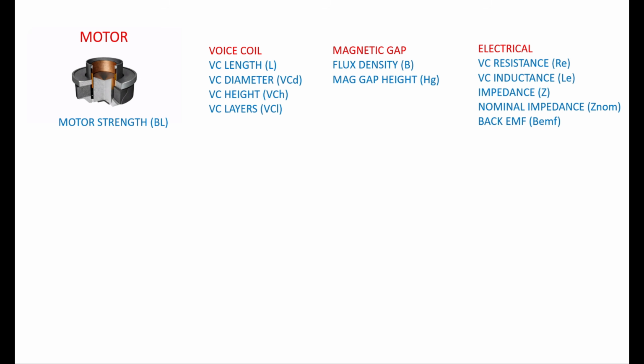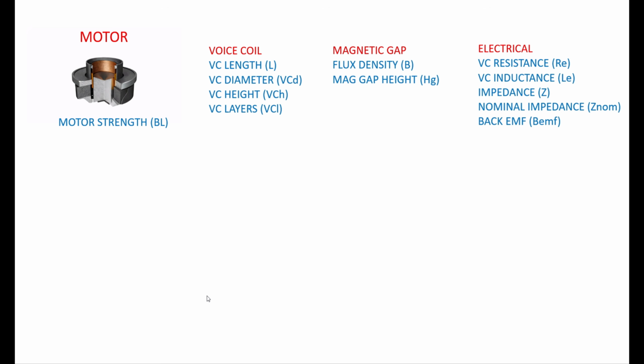So the main Thiele-Small parameter around the motor is motor strength, which has a shorthand of BL. Motor strength is basically how much force the speaker motor can apply to the cone for a given amount of power. The other parameters around the speaker motor are things to do with the voice coil, so its physical dimensions, its length, its height, its diameter, how many layers of wire it has on it.